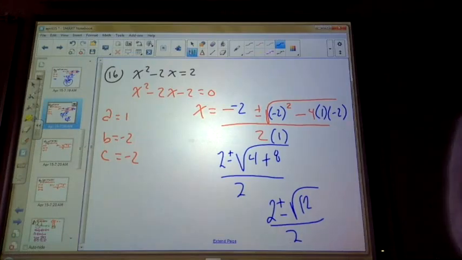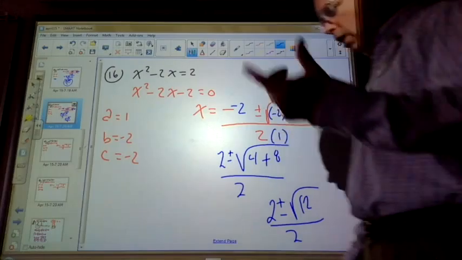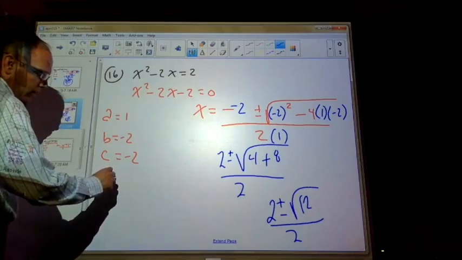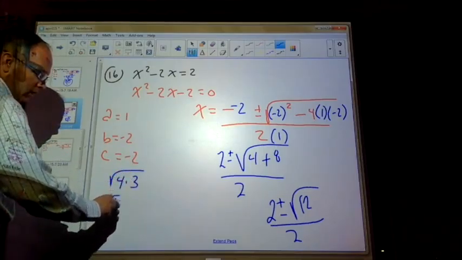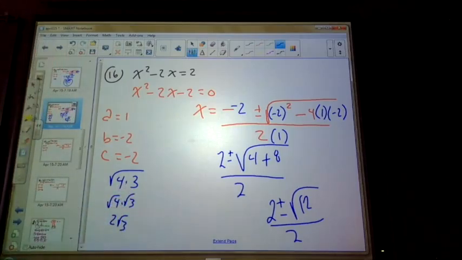Can I break 12 down where one part of it's a perfect square? 4 and 3. 6 and 2 is absolutely right, but 6 and 2 are not perfect squares. So 4 and 3 will work. So if I break 12 down, 12 breaks down to this, which breaks down to this. So in place of root 12, I'm going to put 2 root 3.